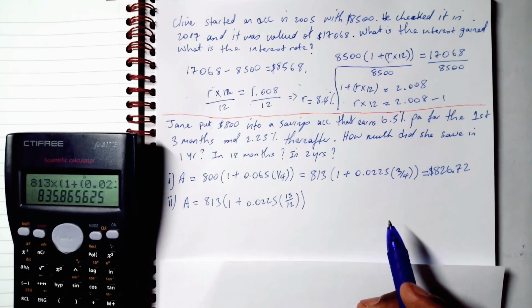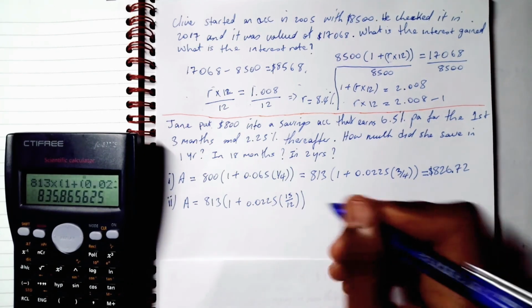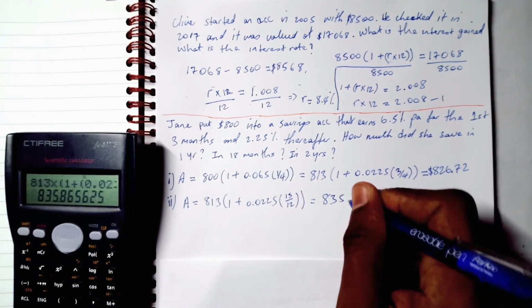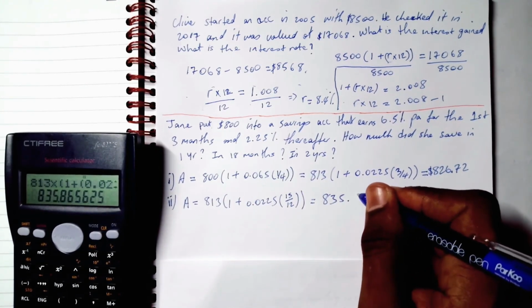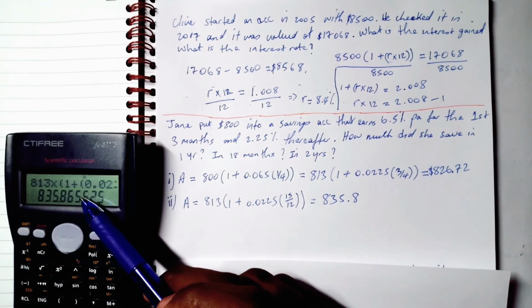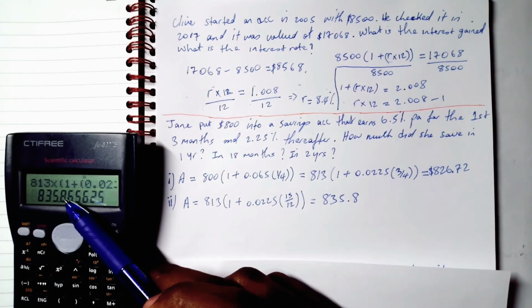Yeah, great. So now we have 835.8. Because we have a 5 here, we can round it up and get 835.87.